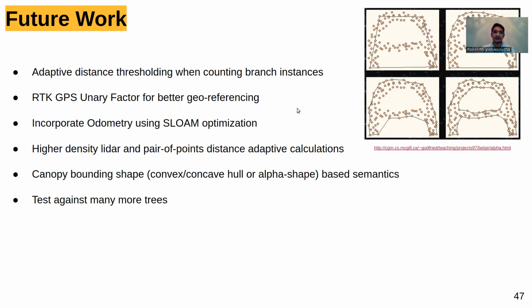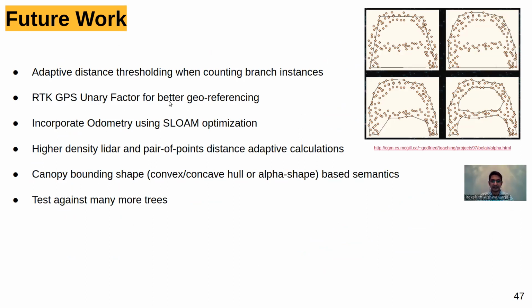Right now, the prior pose is just taken as 0, 0, 0, but adding GPS-based factors would also be helpful. We could also incorporate additional odometry values, as suggested in the SLOAM paper. We could also use a higher density LiDAR so that even smaller branches could be picked up, and not just the prominent branches are the ones that are used in the mapping process.